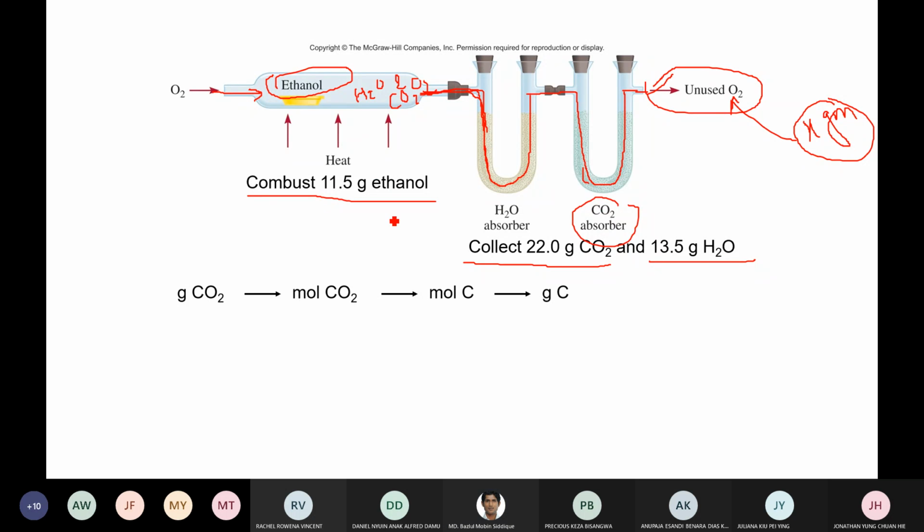So how much carbon dioxide was produced? 22 gram of carbon dioxide was produced. So if 22 gram of carbon dioxide, then how many moles of carbon dioxide was produced?